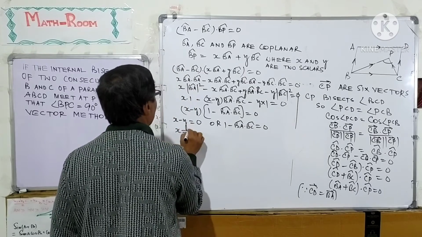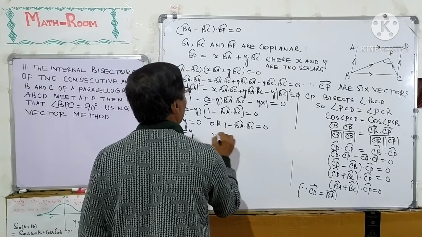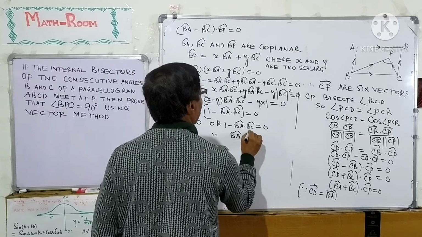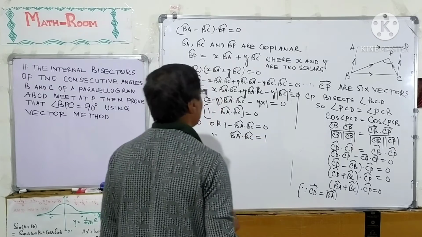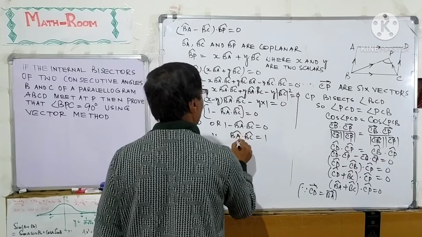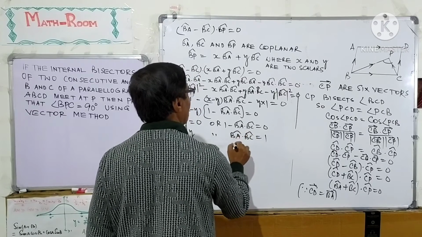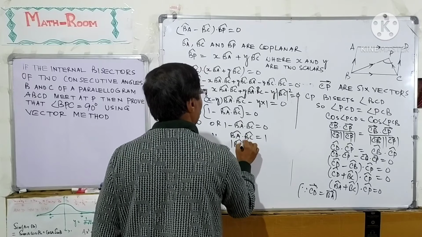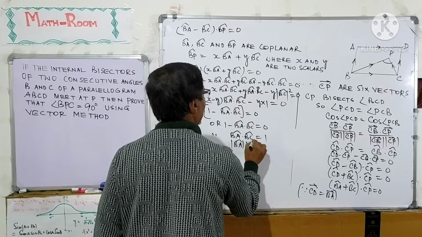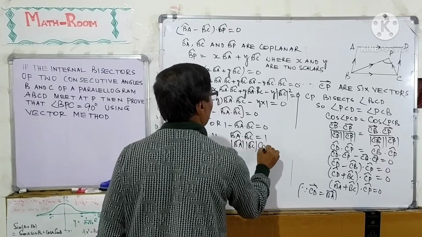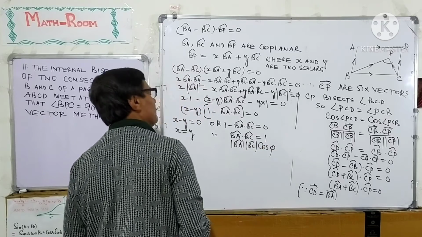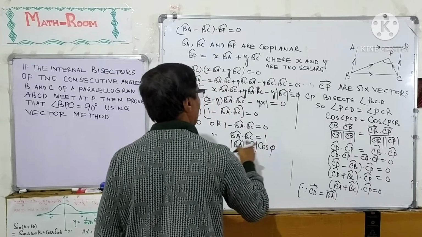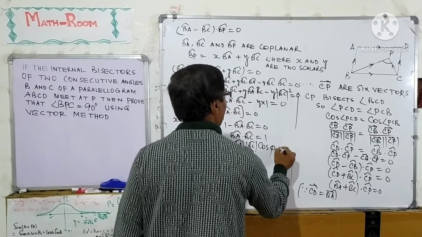So, x equal to y or BA cap dot BC cap equal to 1, but it is not possible, because BA cap dot BC cap equals magnitude of BA cap times magnitude of BC cap times cos of the angle between them, considered as phi, equal to 1.